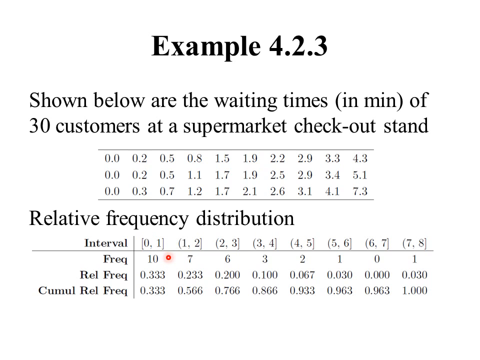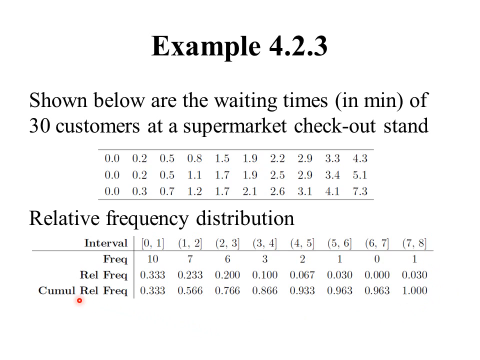So we have 10 data values in this interval, 7 data values in that interval, and so on and so forth. Next, we calculate a relative frequency by dividing each one of these frequencies by the total number of data values, which is 30 in this case. And so there are our relative frequencies.